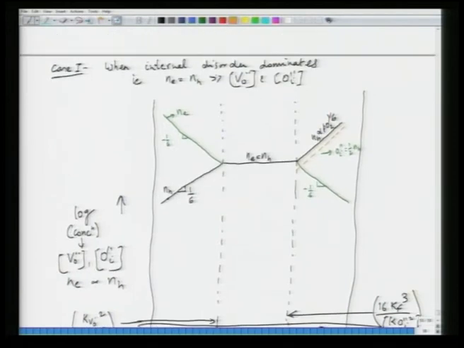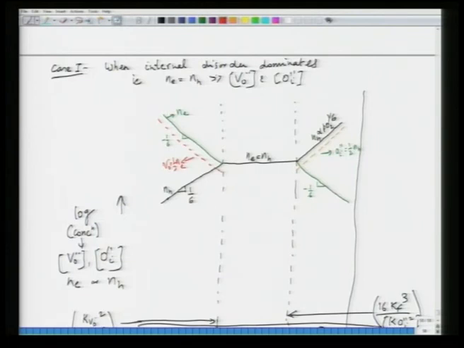In the lower pressure region, I will have VO equal to half of NE. Okay. So, now we have drawn the concentrations of 3 defects on each side.